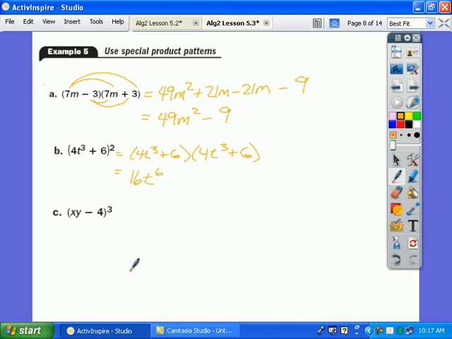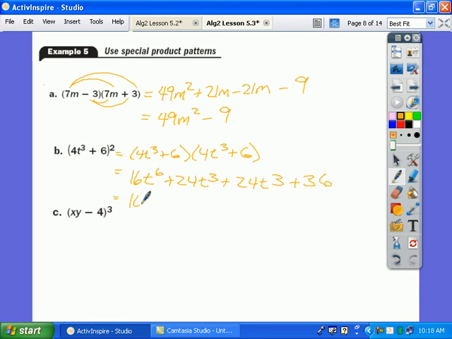Okay, it's one of those rules. It was one of those properties from section 5.1 that we can't lose sight of now that we're in section 5.3. Okay, so now we keep going. 4t cubed times 6 is plus 24t cubed. We get the exact same result again. And then 6 times 6 is plus 36. Okay.